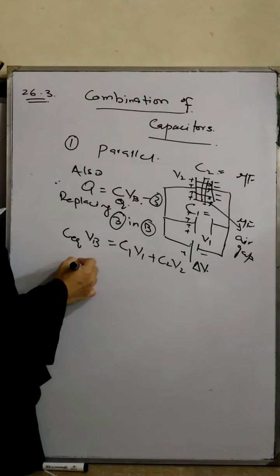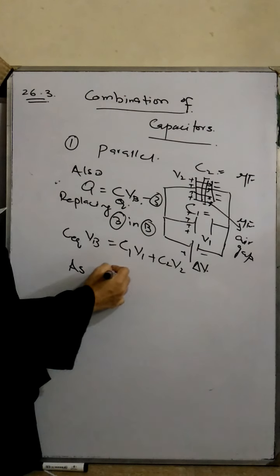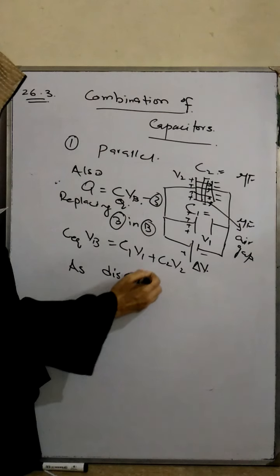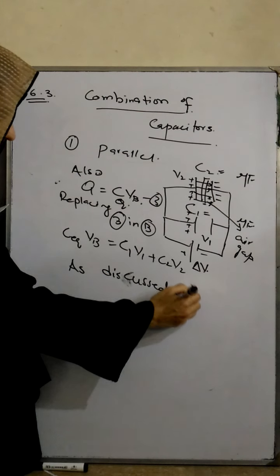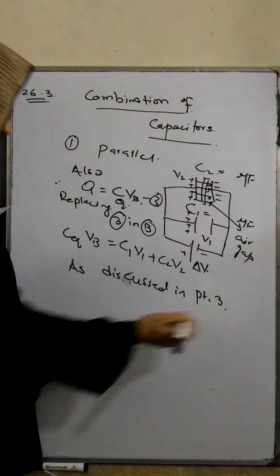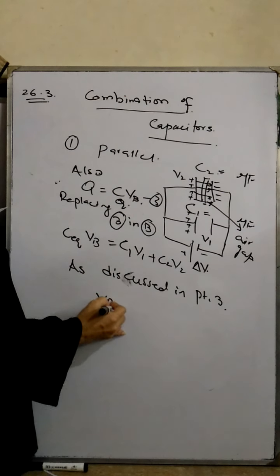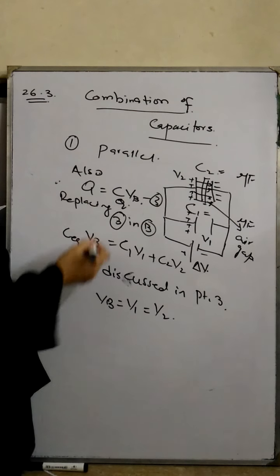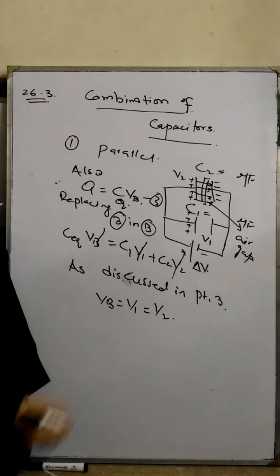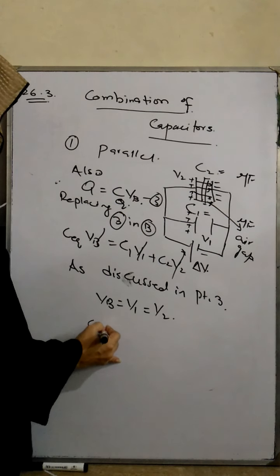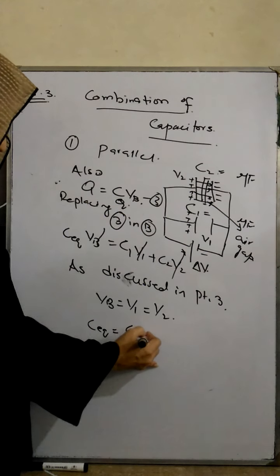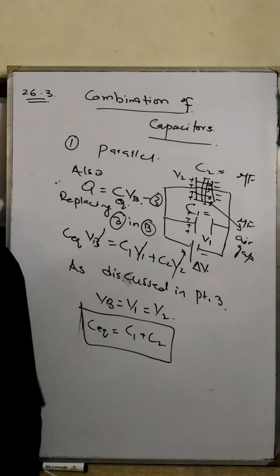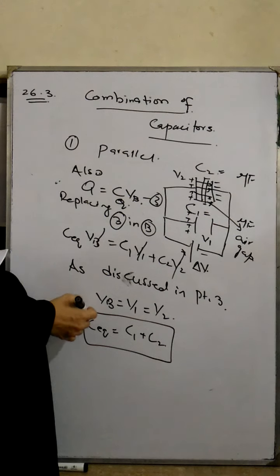As discussed in point 3, VB is equal to V1 is equal to V2. Therefore, I can cancel these and I am left with C equivalent equals to C1 plus C2. So this is a generalized equation.